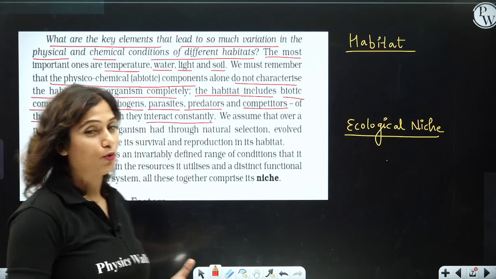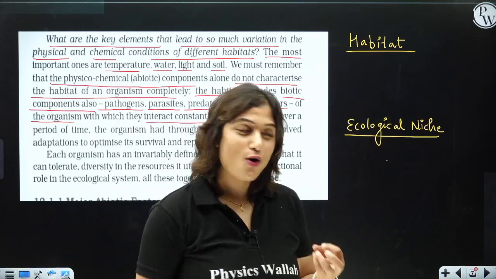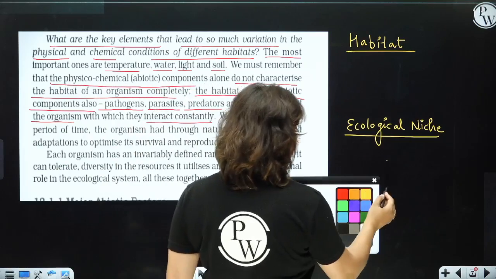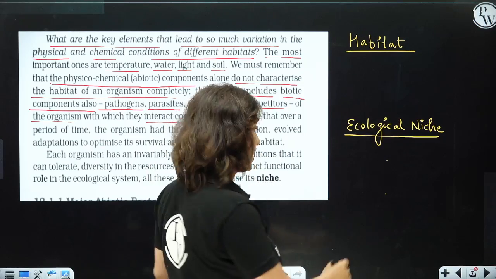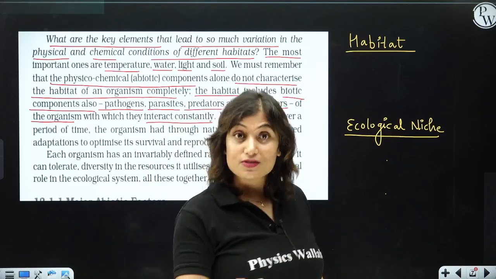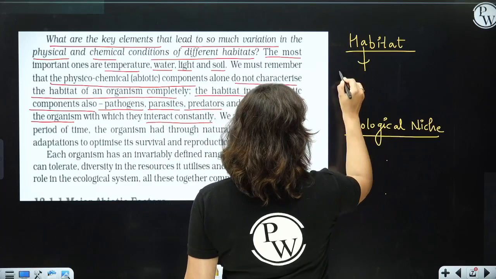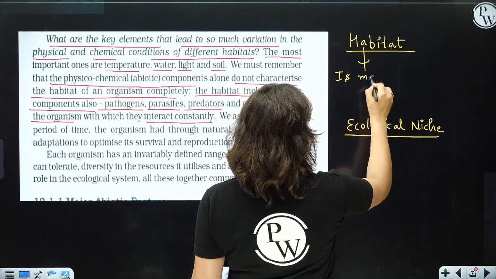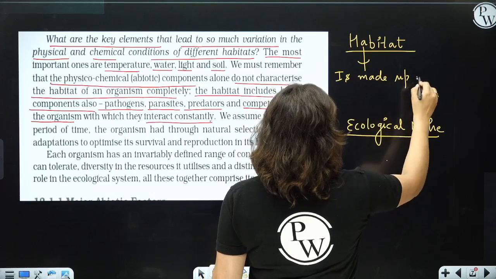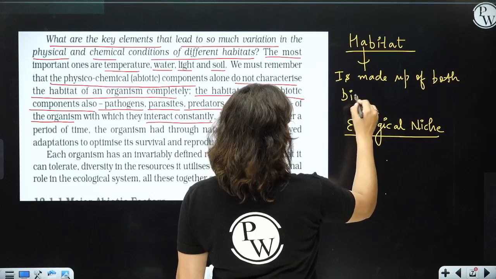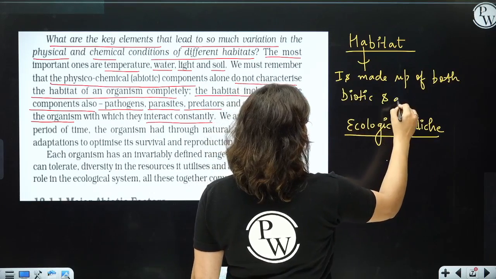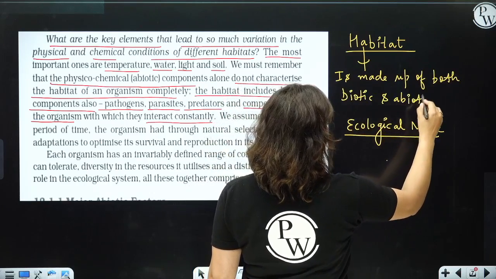This is very important. A habitat is where the organism lives. A habitat represents the address of the organism where the organism lives. But this habitat is made up of both biotic and abiotic components.